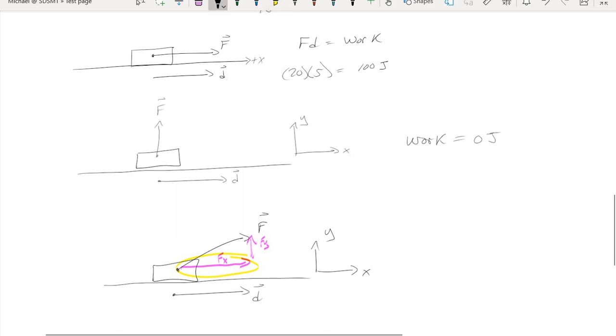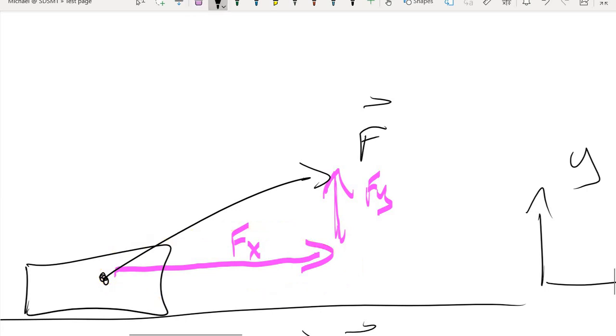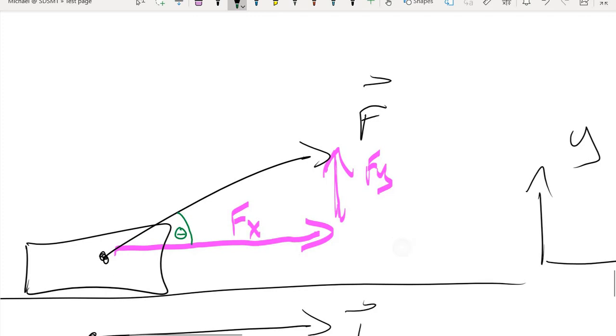What is that horizontal component of force? Well, if we look at our force vector and the component along the x direction, there's some measurable angle there that we could call theta.